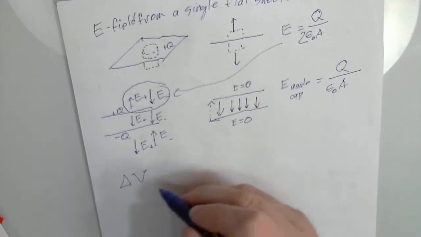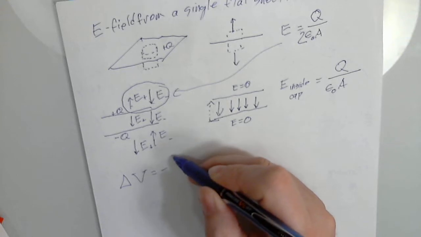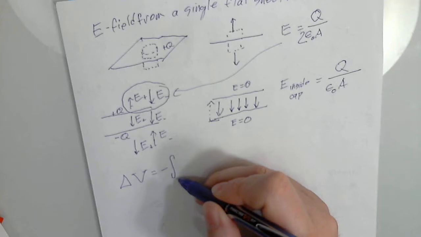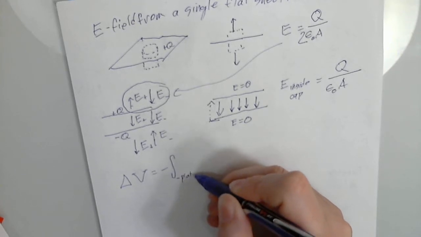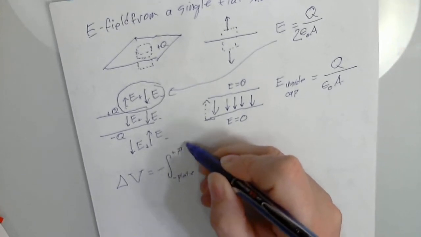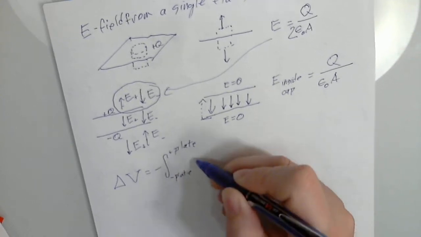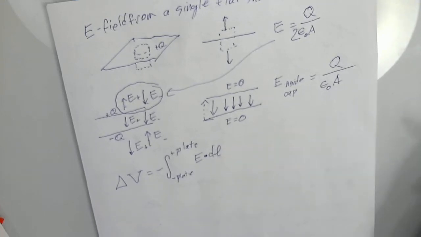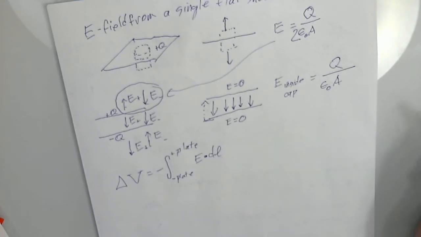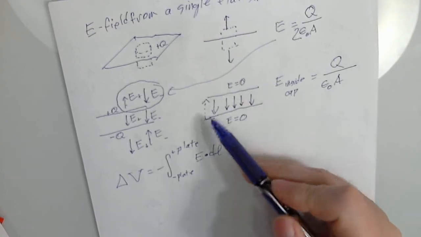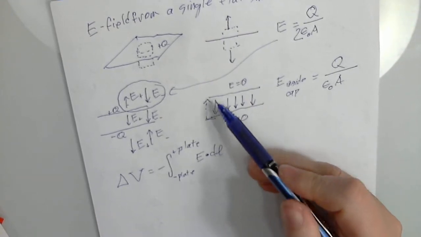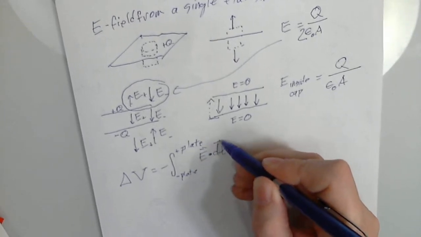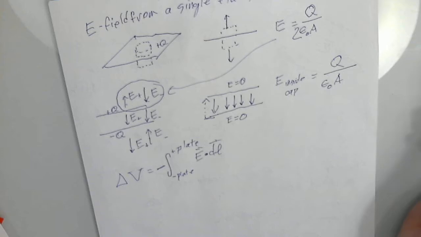All right, and that's equal to negative integral from the minus plate to the plus plate of electric field dot dl, and hopefully you can see that my integration direction is opposite the electric field. So this dot product here will have a minus sign. That's going to cancel out the minus sign here.